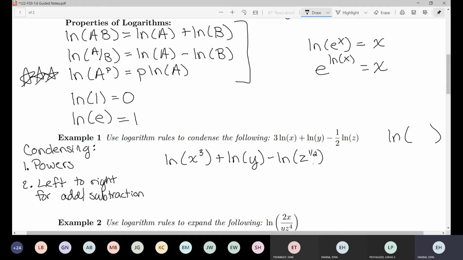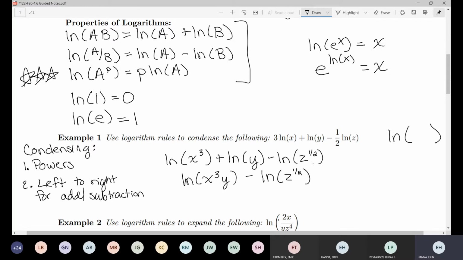So now that you've dealt with the powers, we've brought all the numbers on the outside into exponents. We're going to work from left to right and use our addition and subtraction rules, these first two up here. The first thing I come across is an addition between the natural log of x cubed and the natural log of y. My rule tells me that I can combine them into one natural log, and I multiply the things that were inside the log. So I have natural log of x cubed y.